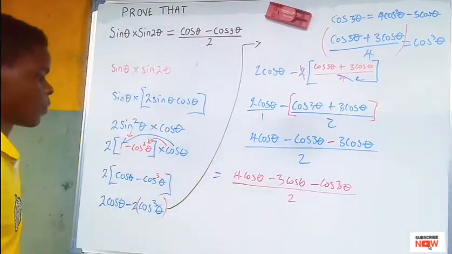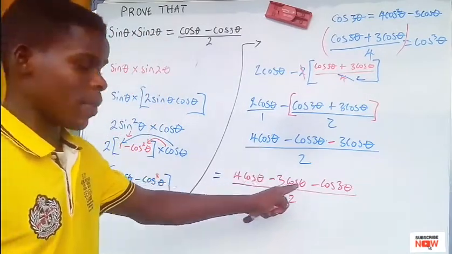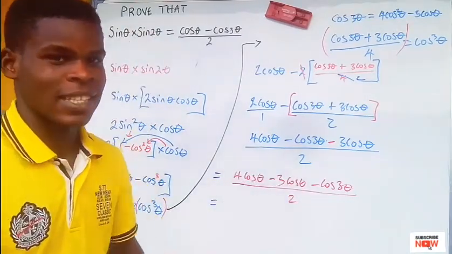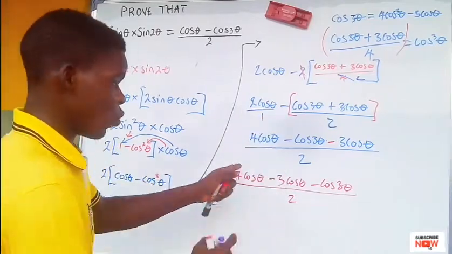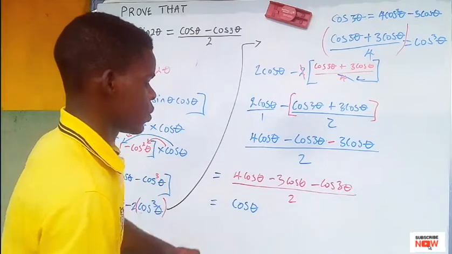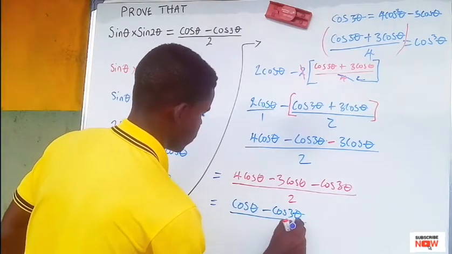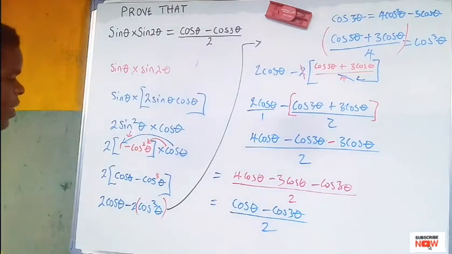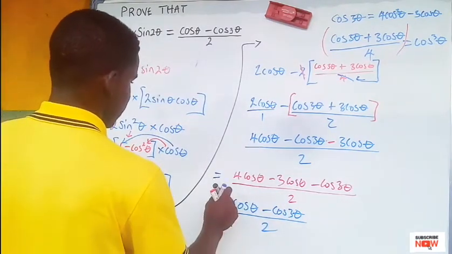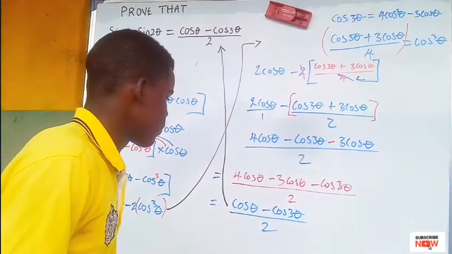Now evaluating this, 4 cosine theta minus 3 cosine theta is cosine theta, since 4 minus 3 is 1. So we have cosine theta minus cosine 3 theta over 2. You see something here? This and this are the same.